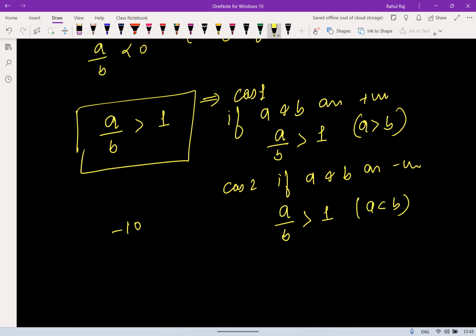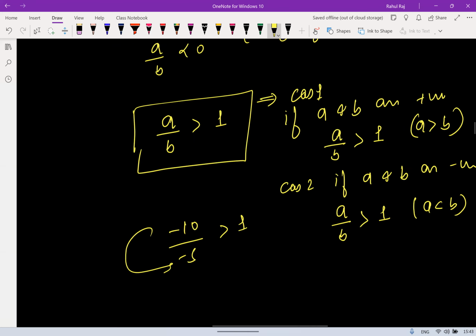Because minus 10 by minus 5 is greater than 1, right? And minus 10 as a number is less than minus 5. Simple logic. In negative terms, what happens? Higher the magnitude, lesser the value. Am I right? Is it clear? Agree?